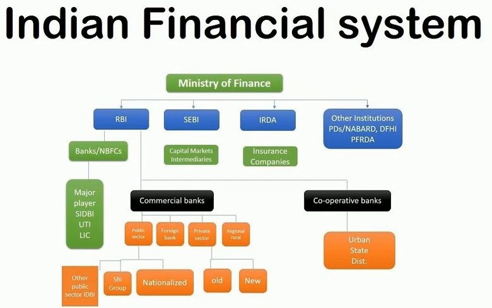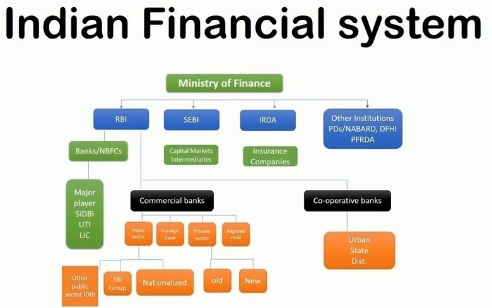Now, the next point is the components of financial system. I already explained in characteristics that there are four components of Indian financial system, that is financial market, second is financial institutions, third is financial instruments, and fourth is financial service.